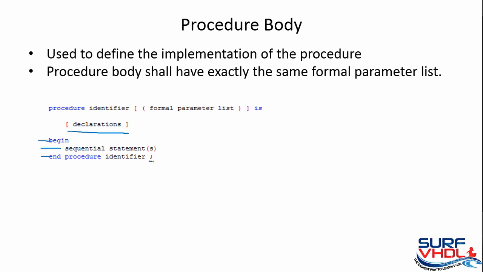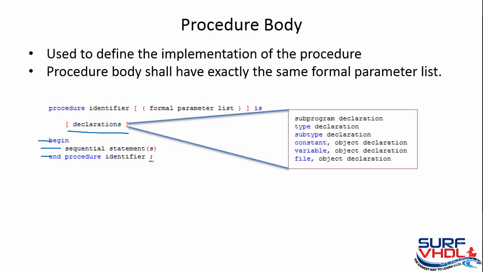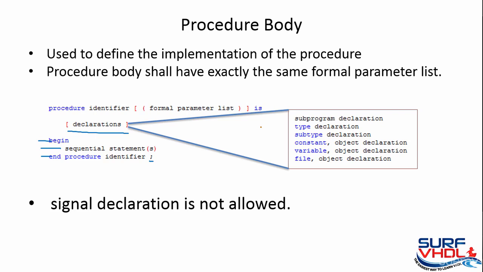The optional declaration section can consist of subprogram declaration, type declaration, subtype declaration, constant, variable, and file object declaration. Declaration of signal is not allowed because procedure is a sequential statement and the signals can be declared only in concurrent section.